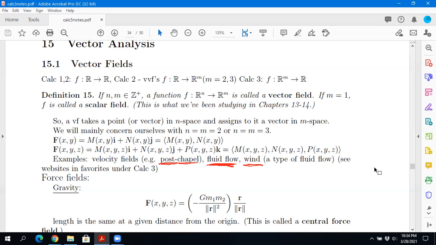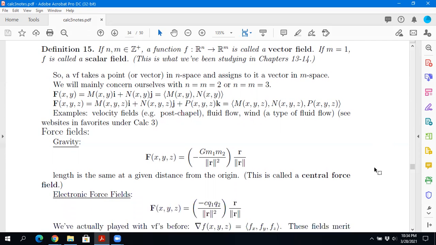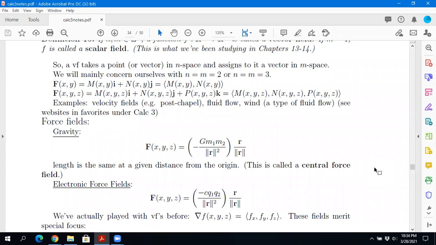By the way, I have a couple of examples here of the sorts of things we might be interested in looking at. Force fields. This is the famous gravitational field. X, Y, Z is a point in three-dimensional space. G here is a gravitational constant. M1 and M2 are the masses of two bodies in space.